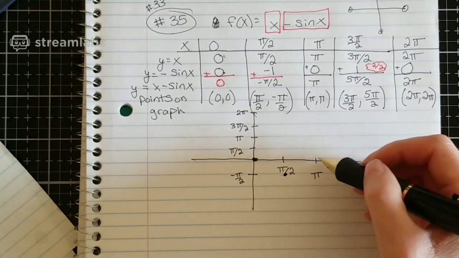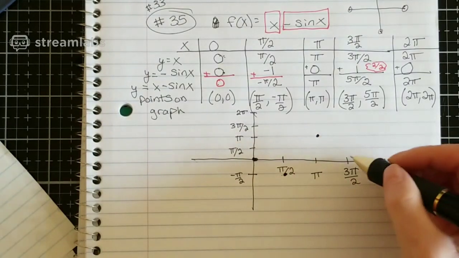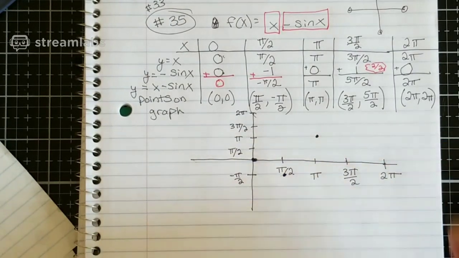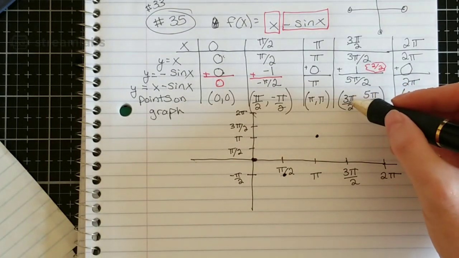Then we have pi comma pi. 3 pi over 2, 5 pi over 2. Okay, so that would be up here.